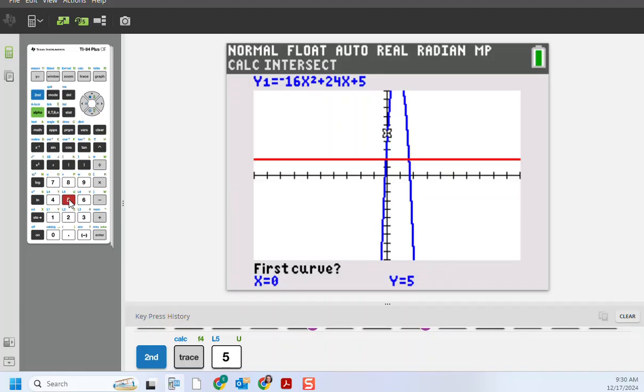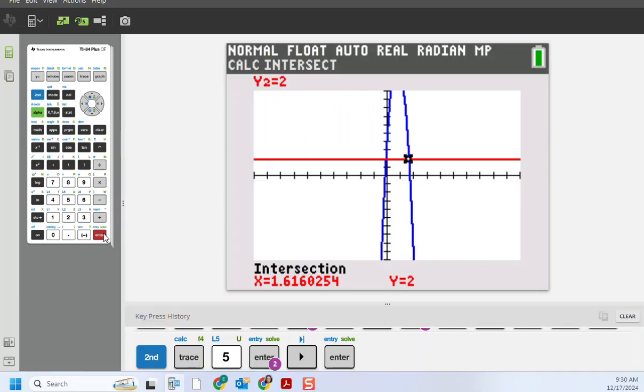Okay, I need to find the solution on the right, so I'll press enter 2 times, and then I'm going to move my cursor over to that second solution, and then press enter a 3rd time. And so I'm seeing it takes about 1.6 seconds.